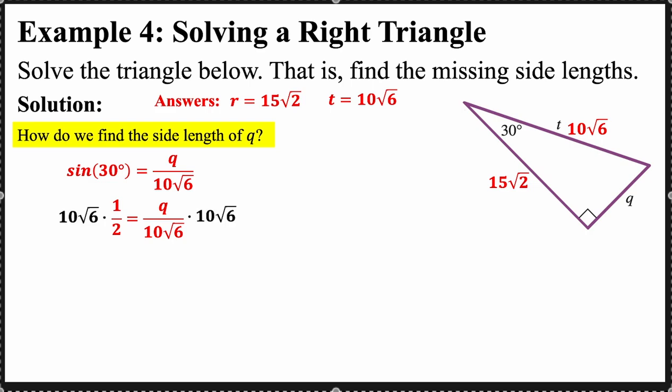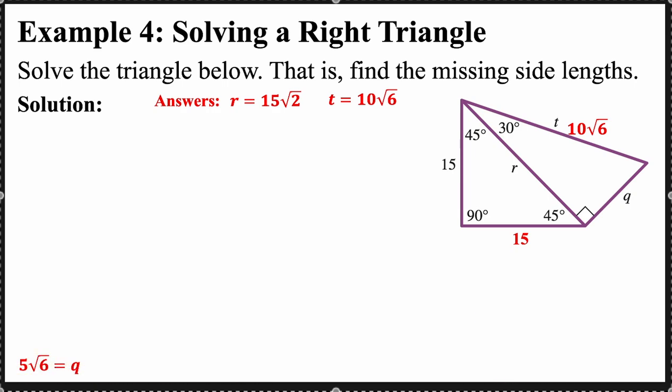And of course that's to eliminate the 10 root 6 on the side here. What does that simplify to? Well, 10 root 6 times 1, that's 10 root 6 divided by 2. Well, 10 divided by 2 is 5, so you get 5 root 6. So q in this case is 5 root 6. So the exact values of each missing side length would be as following here.